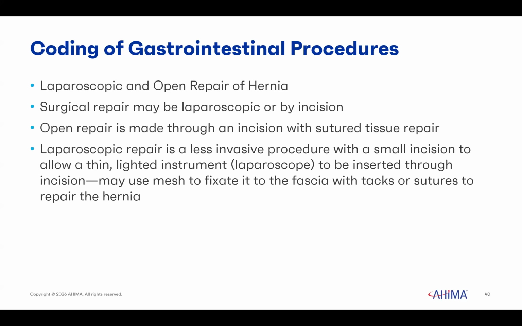Laparoscopic, of course, is exactly what it means. It's done through a scope. It's less invasive. You have smaller incisions. Usually there's three of them, and it allows a thin lighted instrument to be inserted through. And sometimes they use mesh with it, sometimes they don't, but that's what they're talking about with laparoscopic repairs.